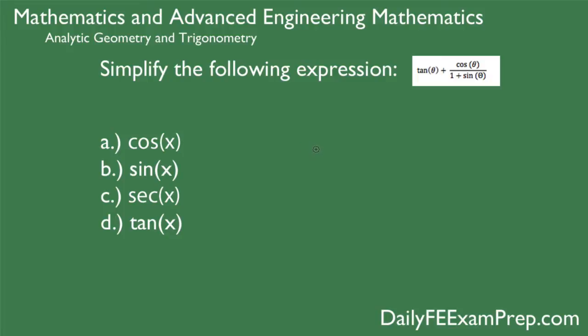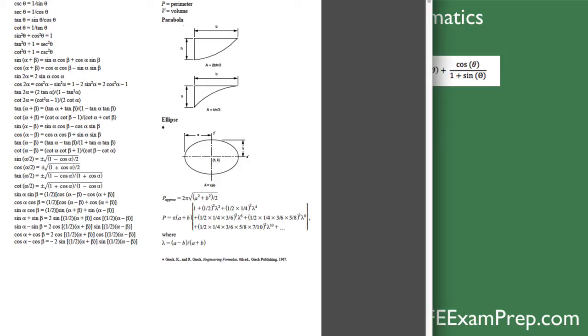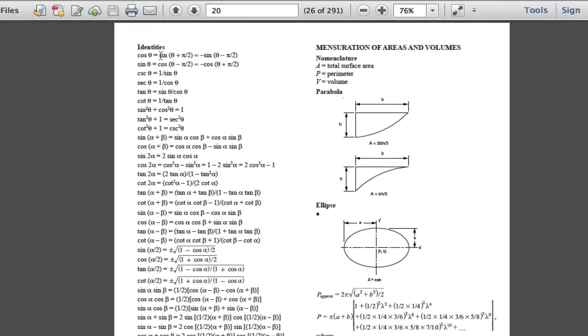Now these trigonometric identities can be a little tricky, but the first thing I want to show you is that we do have a reference handbook. The trigonometric identities are listed in the NCEES supplied reference handbook on page 20, and there are a lot of them, so get familiar with as many as you can.